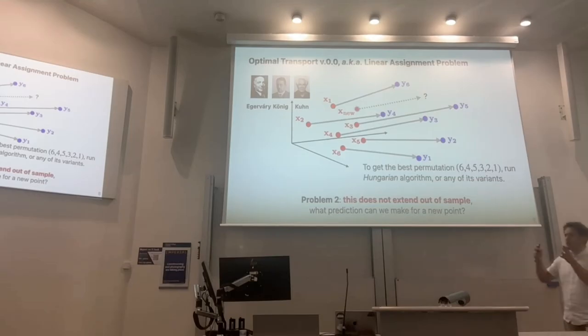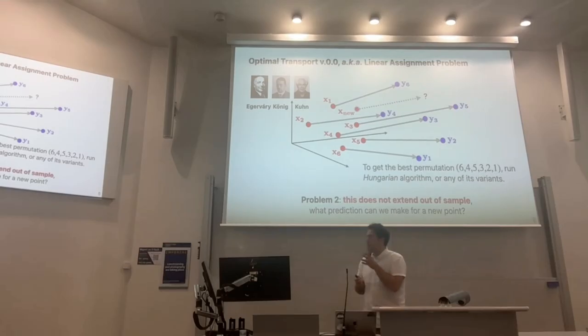Of course, you can start thinking about a naive nearest neighbor rule, something like: to this point, you have to find this one, maybe you go in the same direction, and then you add some segments or something. There are a few hacks that you can think of, but it doesn't really work.